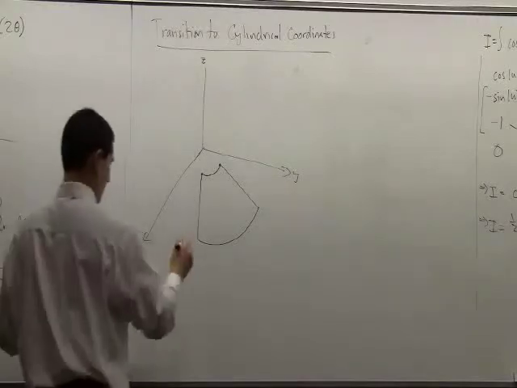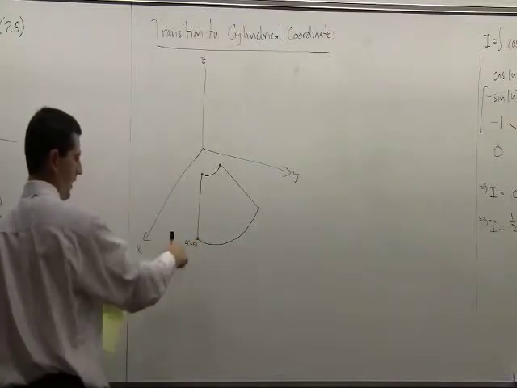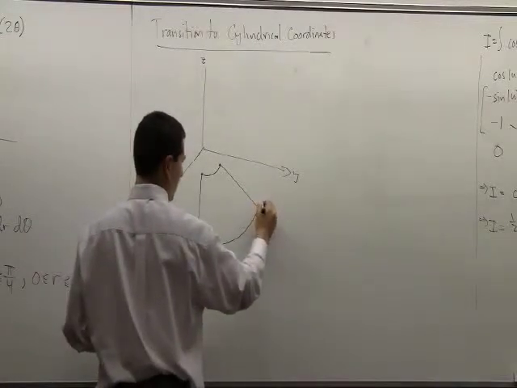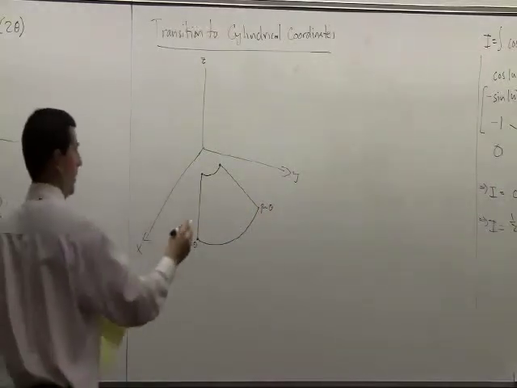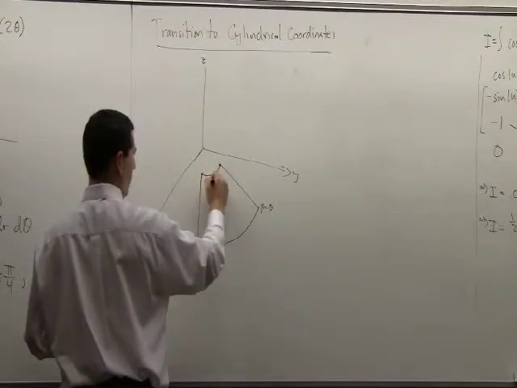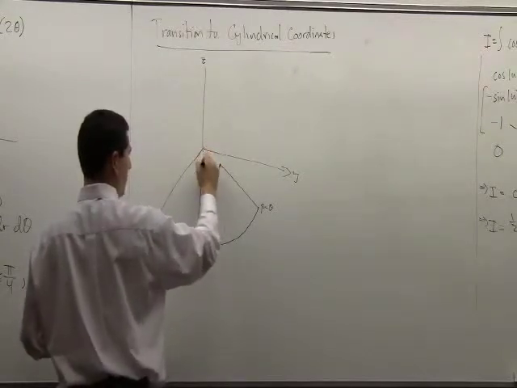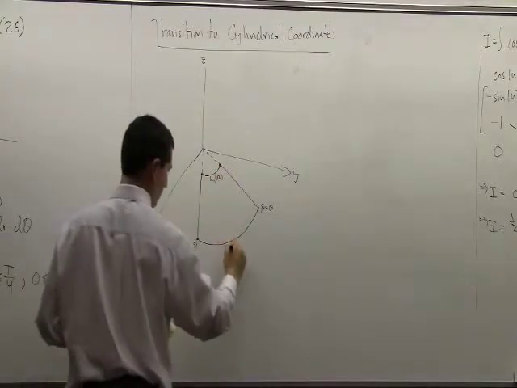So we'll call this angle alpha, and that's the angle beta. And I'll bound r here by two functions of theta.